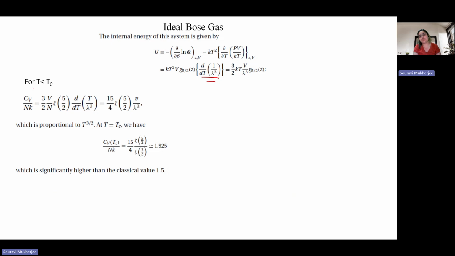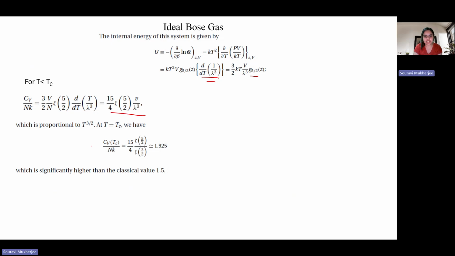Because we have to look at both the limits. At T equal to Tc, we know that below Tc, condensation happens. Beyond Tc, condensation does not happen, right? So for T less than Tc, what happens? Here Z is 1, so you can basically replace G by zeta, and this is how it looks.